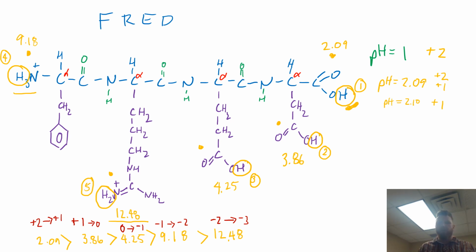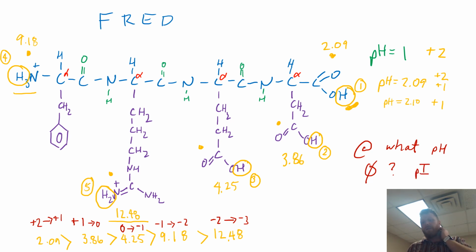So one of the questions that is a very good question to look into is, at what pH does your molecule have a 0 charge? And that's a good question to ask. Ultimately, this is known as the pI, or your isoelectric point.